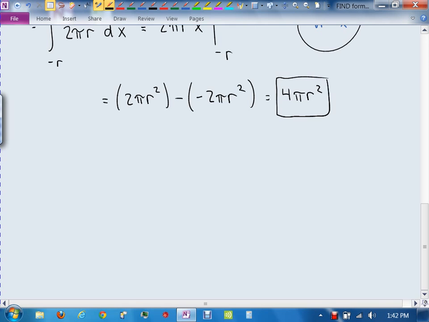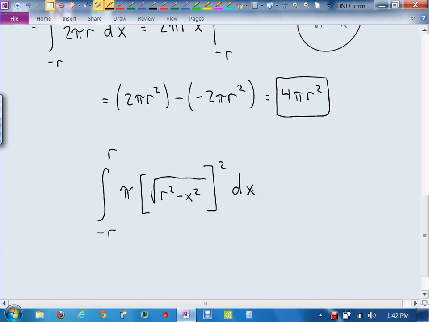Integral a to b pi function squared dx. So if you would have taken integral from negative r to r of pi times, what's our function here? Square root of r squared minus x squared, and you square that, dx, this would give you the volume of that sphere. Do you understand where I got that formula from?